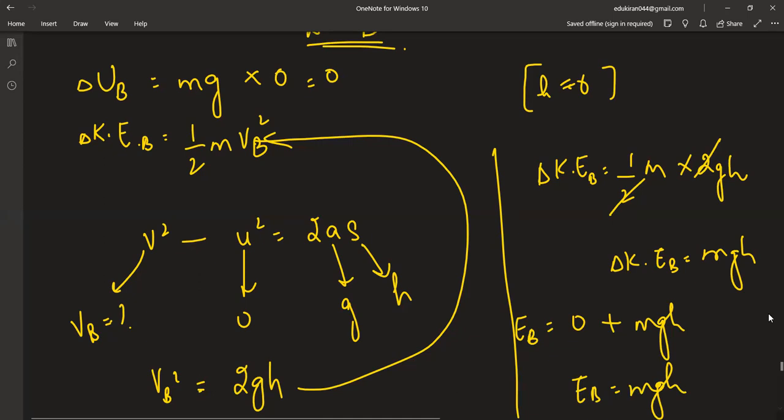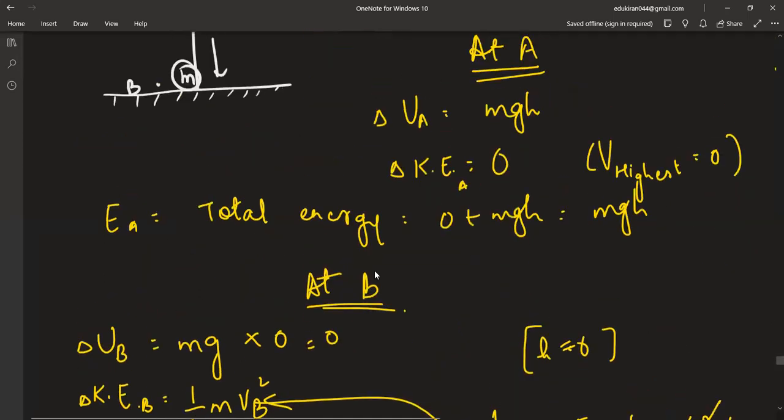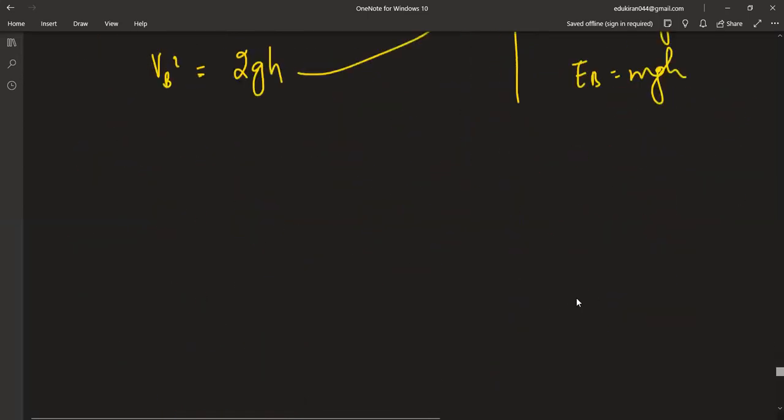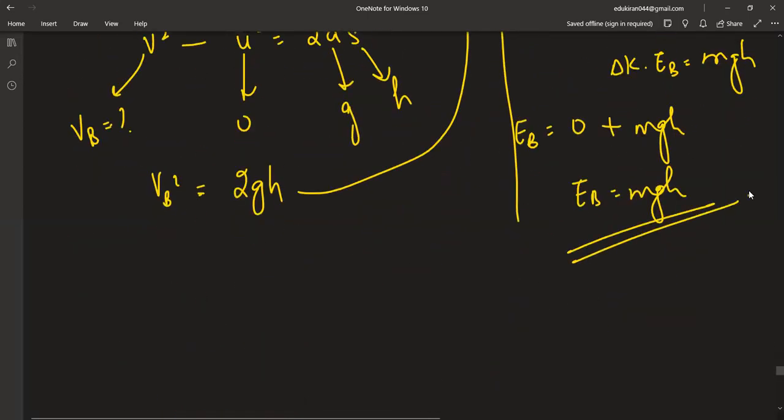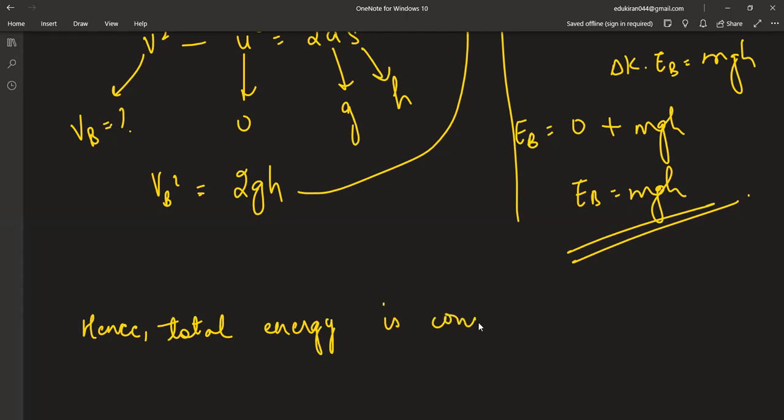See, EA also came mgh. EB also came mgh. Right? So this shows that total energy is conserved. Hence, total energy is conserved.